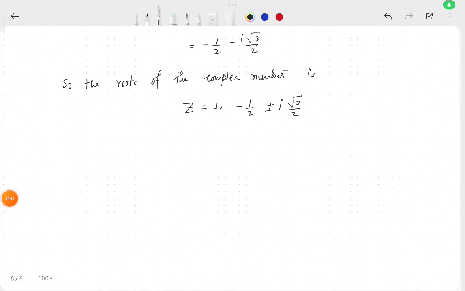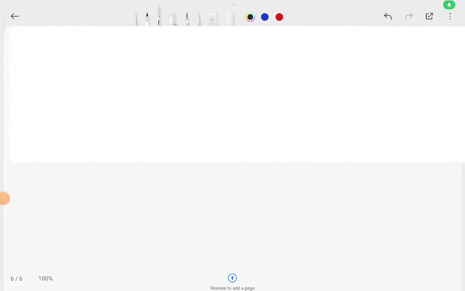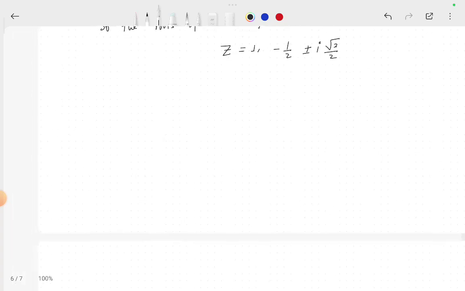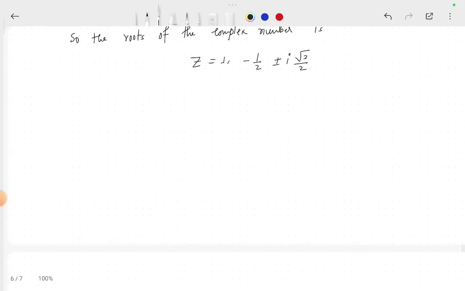Okay, let's take another problem to find the complex number. That is example 2.